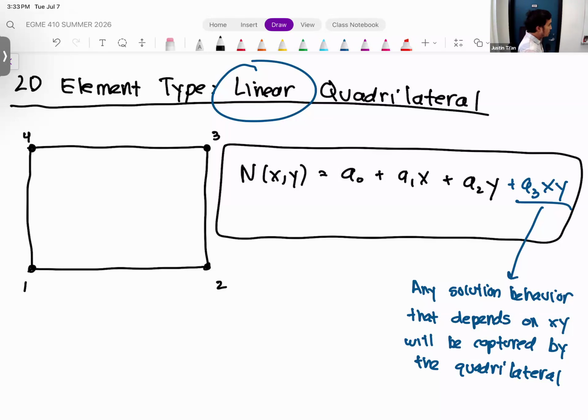Good. So in that sense, at least from a solution accuracy point of view, in terms of capturing different solution behaviors, the quadrilateral just seems superior to the triangle.